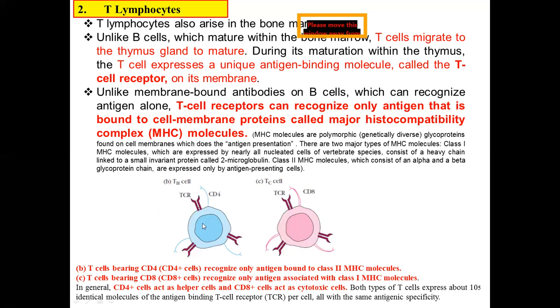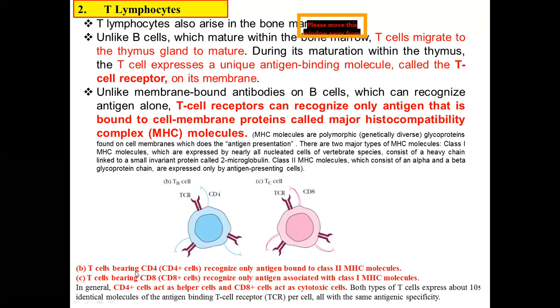Fine. So if you see, there are two major populations of T lymphocytes. One is the T helper cell and one is the T cytotoxic cell. Those T cells which express a cell surface marker called CD4, CD4 plus, CD stands for cluster of differentiation.